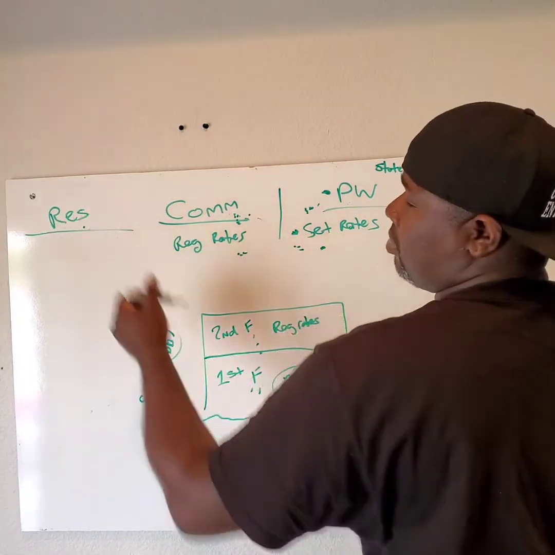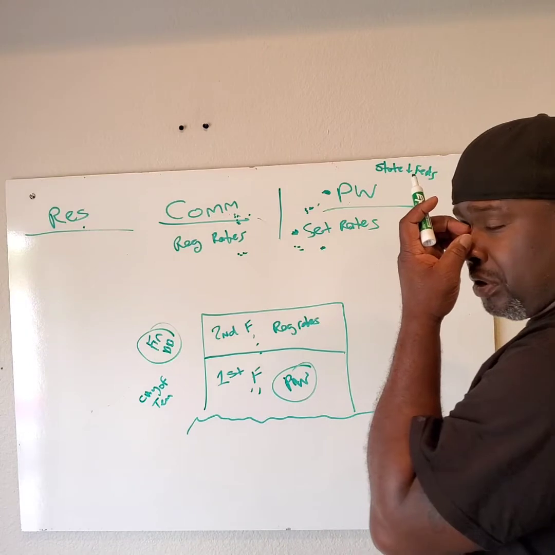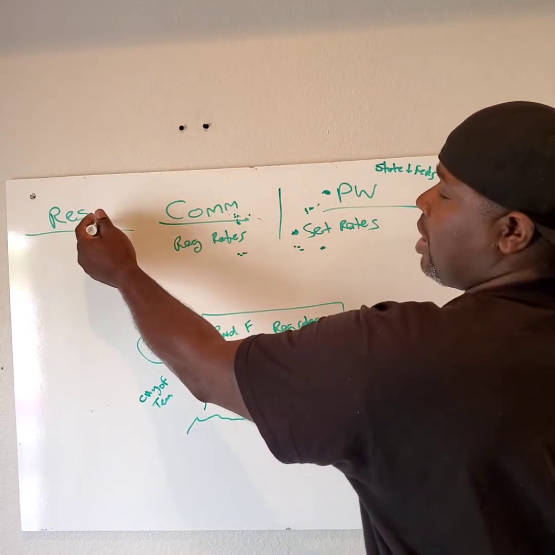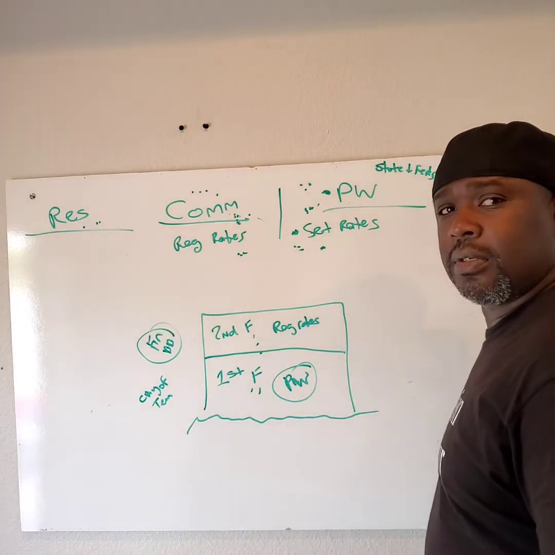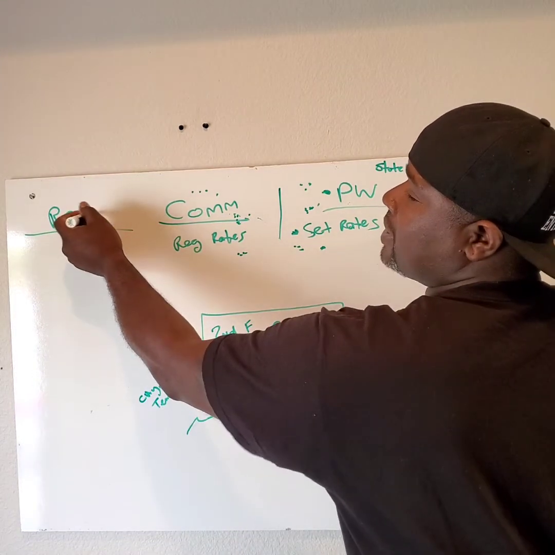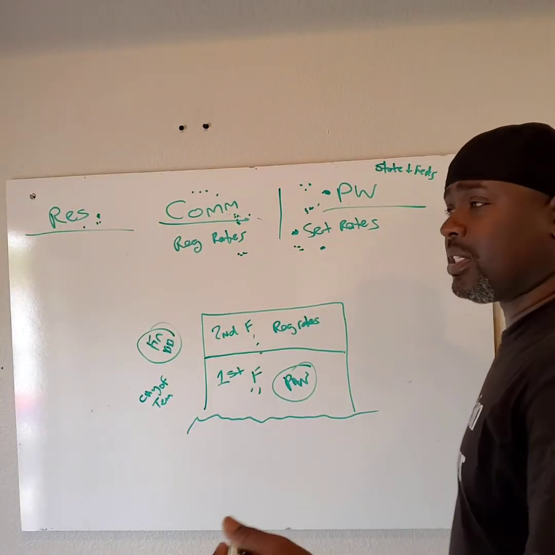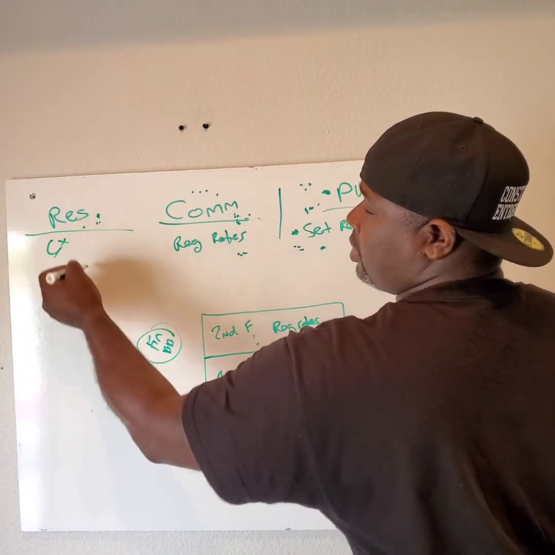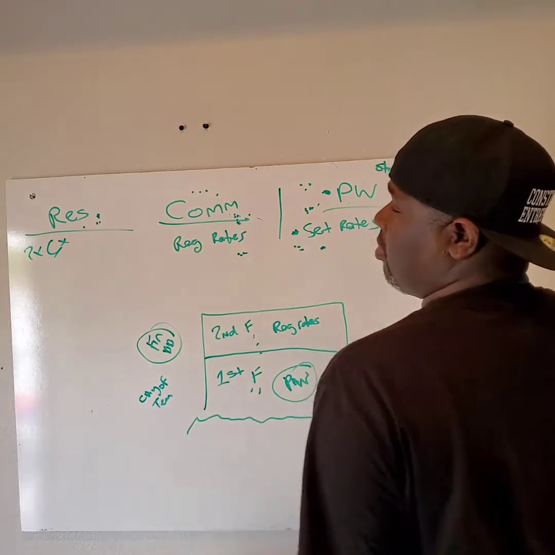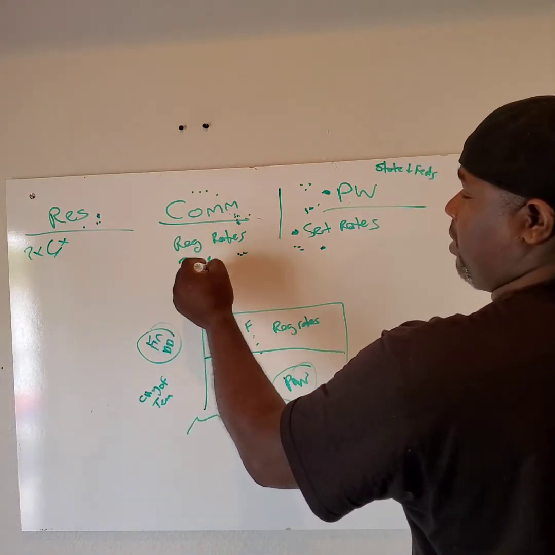Now let's look at residential. What does residential have in common with commercial and public works? They have in common the same type of construction. Some residential has 2x4 walls, some has 2x6 walls. Some commercial has 2x6 walls, some has 2x4.